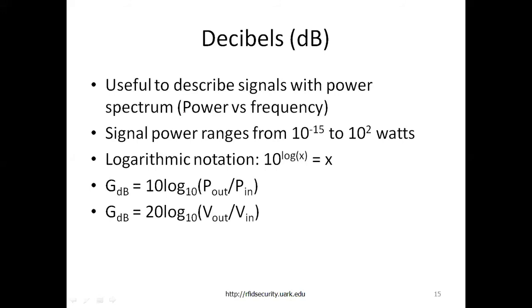Signal power ranges from 10 power minus 15 to 10 power 2 watts. In logarithmic notation, gain is 10 log of P out upon P in. But in the voltage form, we have to use 20 log because of the power.